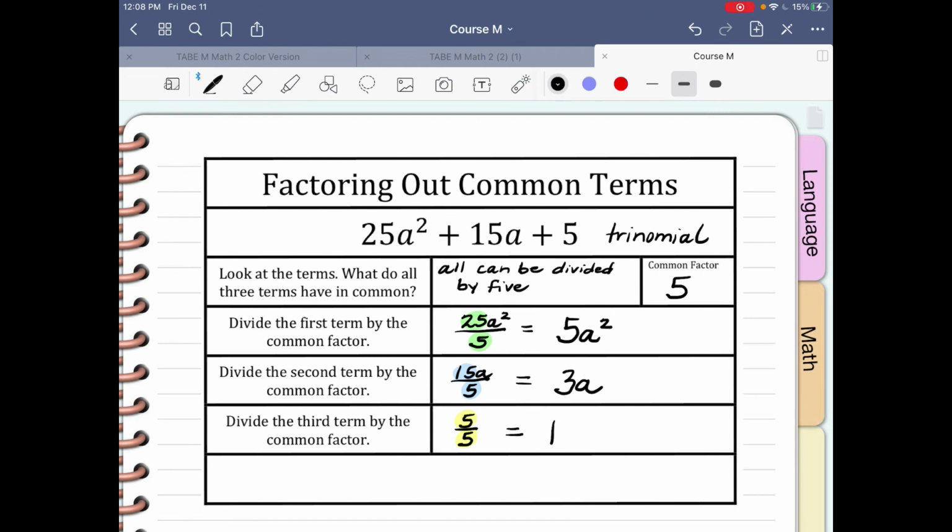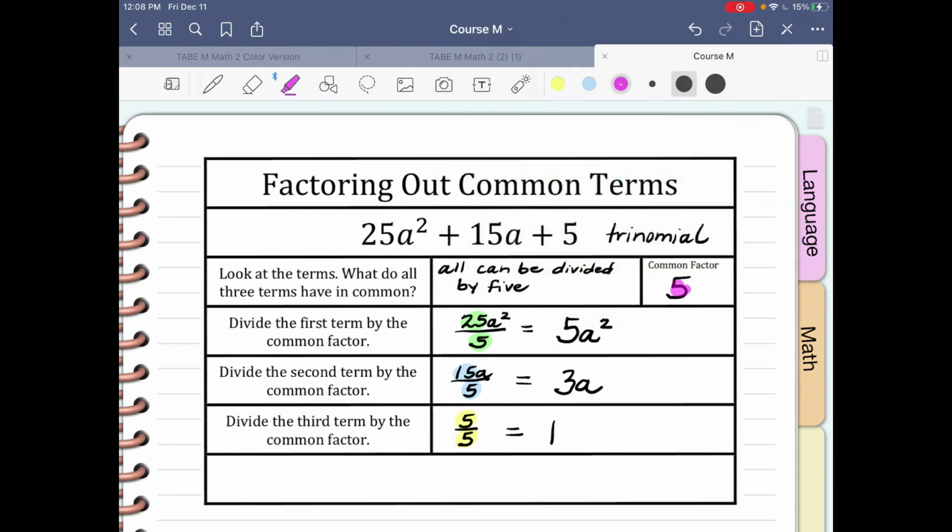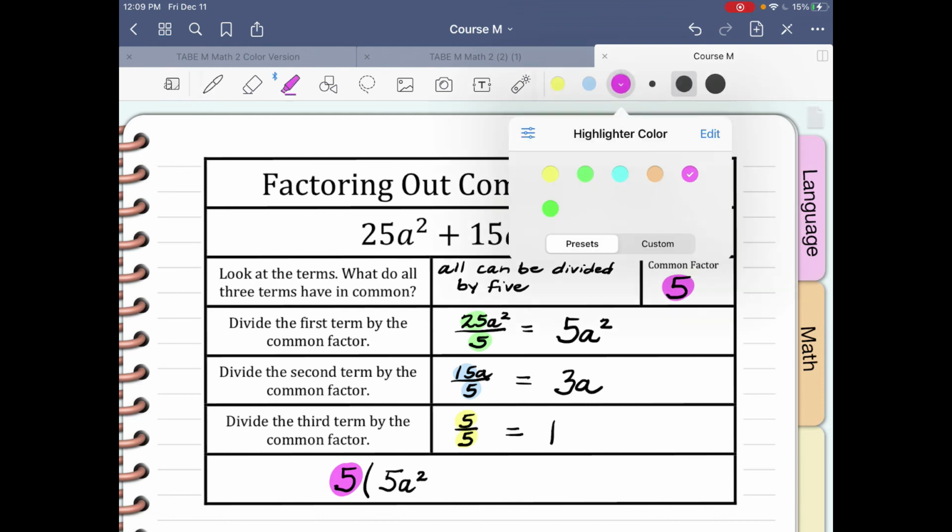And here's how you put this problem together. Let me go ahead and highlight this last term. You take the common factor first. So you bring it down here and you put it down, and then you start parentheses. It's very important because you can't just do away with the 5. That 5 belongs to all of those. So we have to bring it down here. And then you start to list your answer terms. You have 5a squared that you got from the green part.